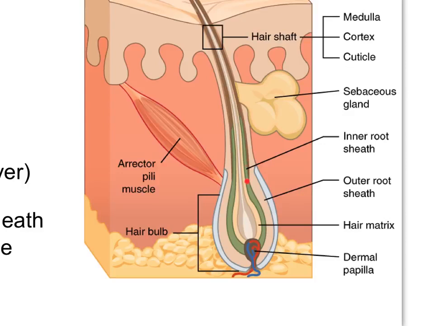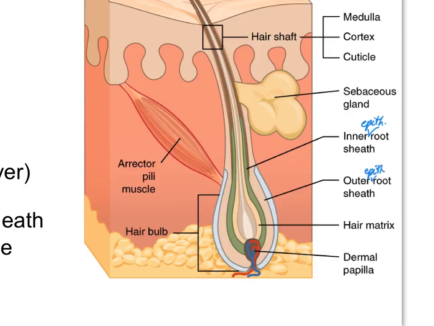And this green layer and beige layer collectively are called our root sheath. And so the inner layer is called the inner root sheath, and we could be more specific and say the inner epithelial root sheath. And then we have the outer epithelial root sheath.